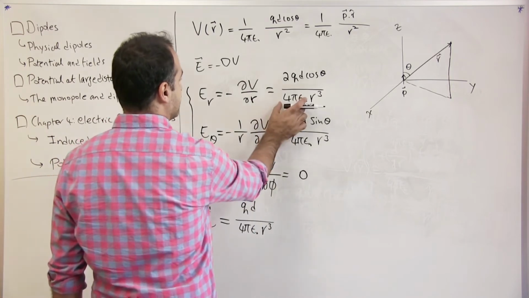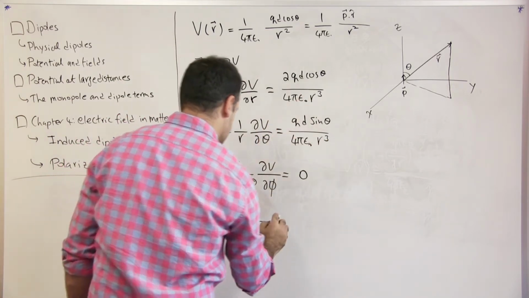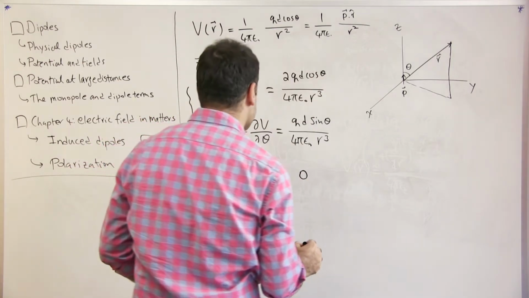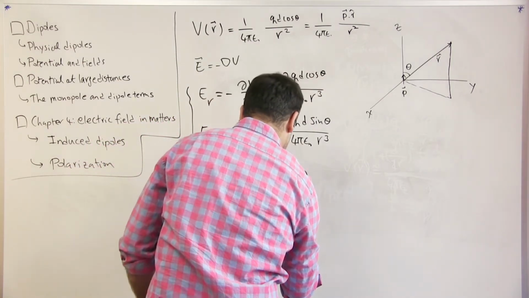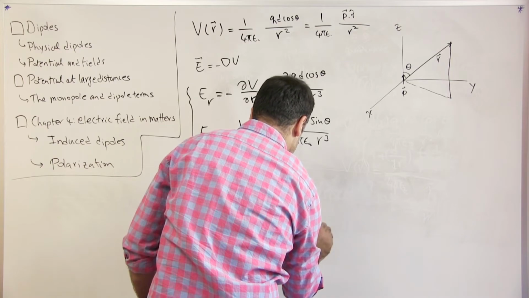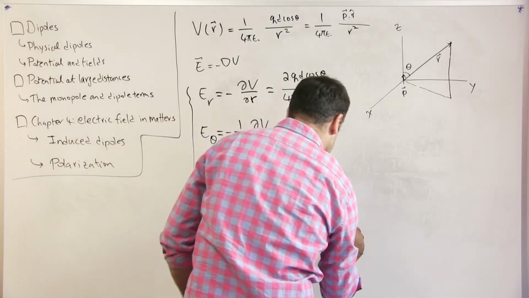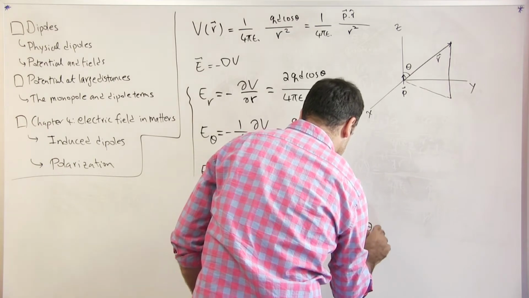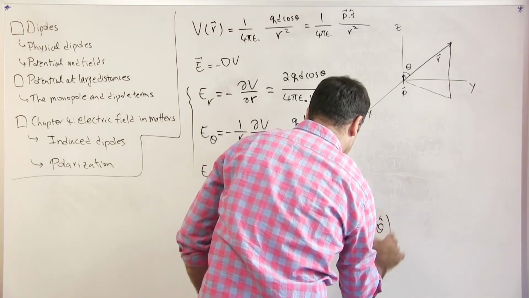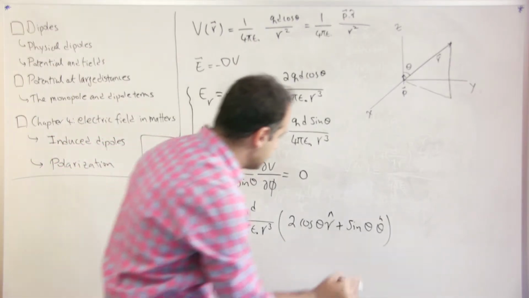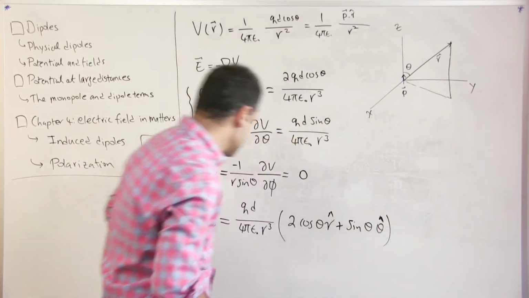So we have 4 pi epsilon 0 r cubed from these terms, times, the first term is in the direction of r hat, so we get 2 cosine theta r hat plus sine theta theta hat. And again, there is no phi dependence.